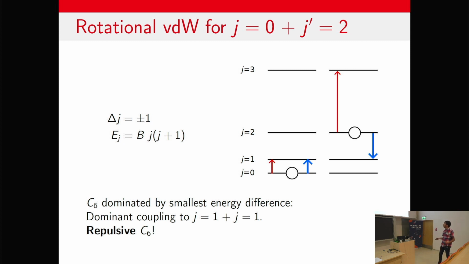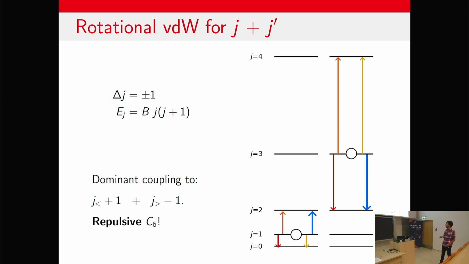So this is what I think is a bit new, or at least I haven't seen this anywhere in the literature. This is of course super basic. But it's actually sort of the general case. This happens for essentially any combination of rotational states as long as they differ by more than 2 quanta.